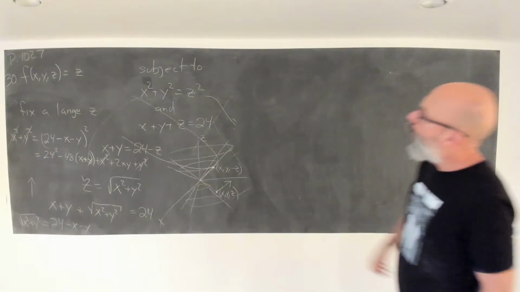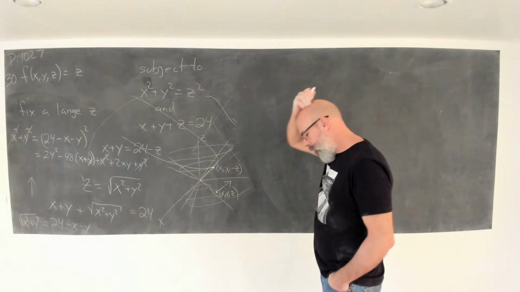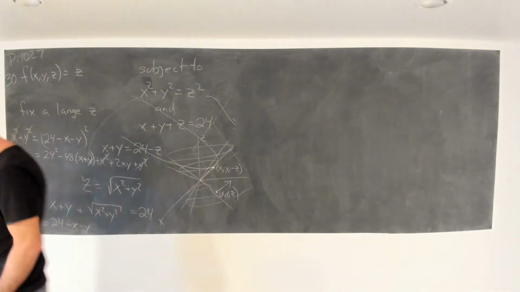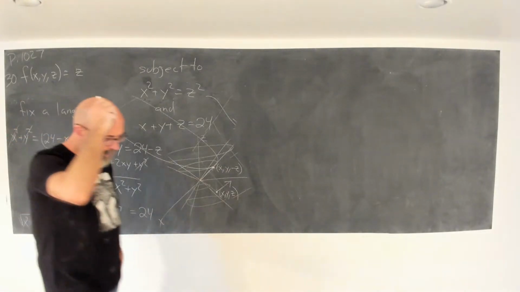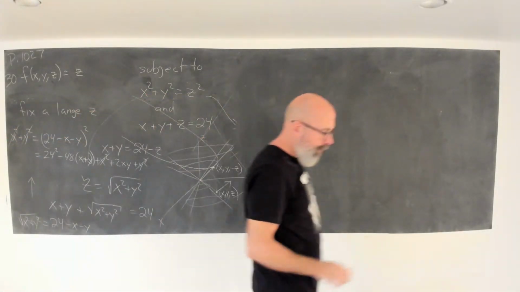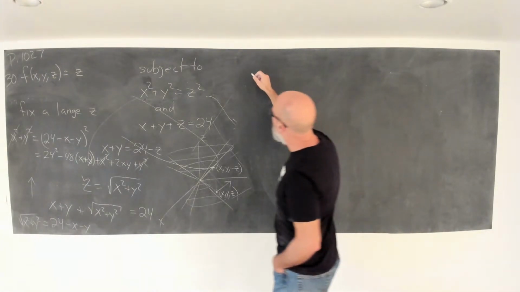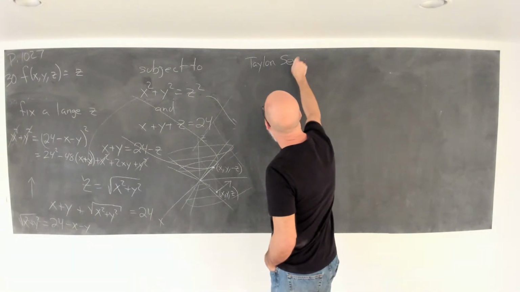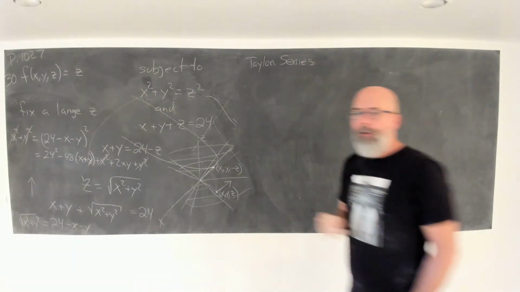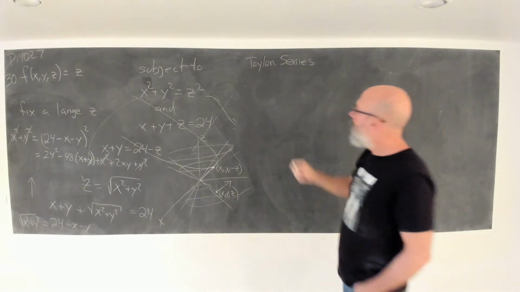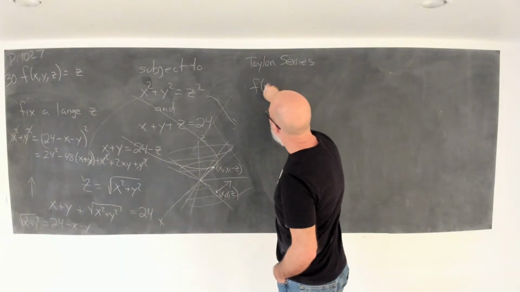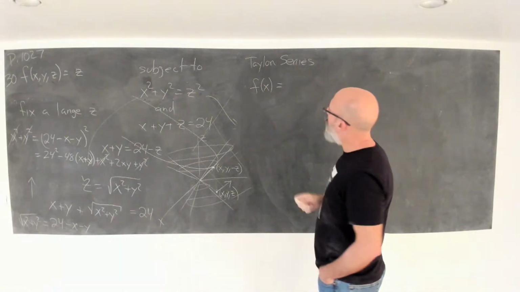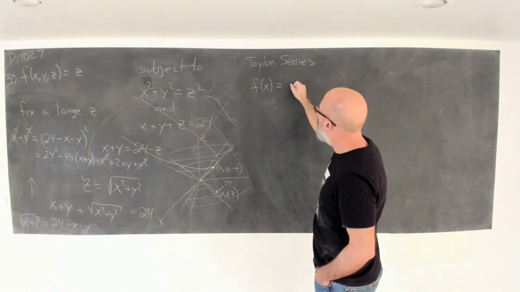All right. I wanted to tie up this loose end that the book doesn't discuss, Taylor series in higher dimensions. All right, let's recall that if you have a function, we were hoping to write it as an infinite sum.